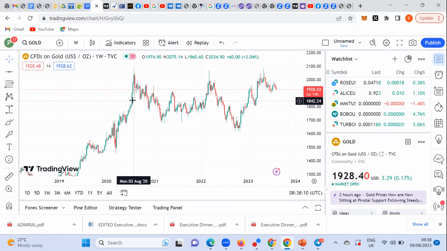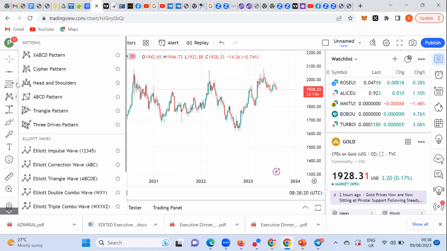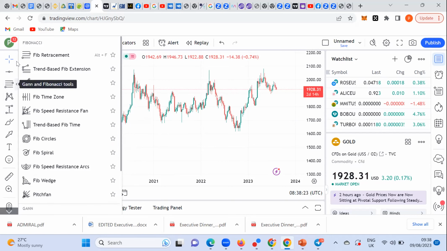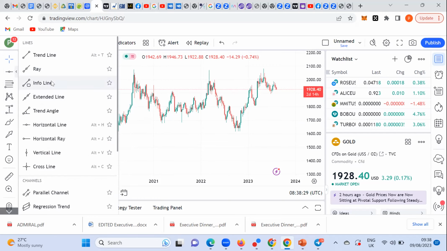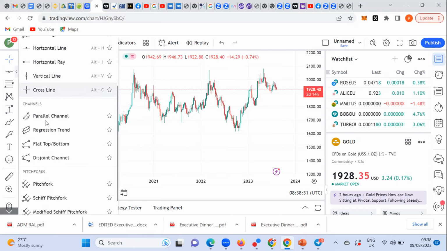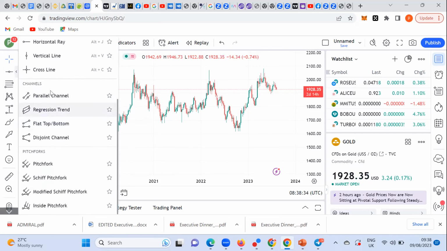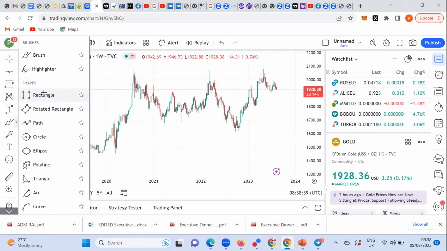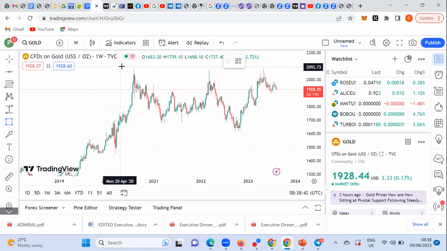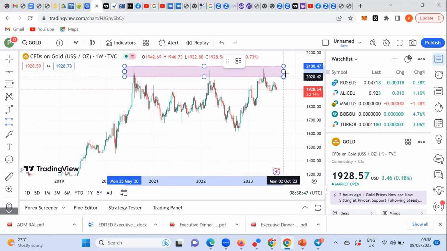The first thing you are going to see on this weekly is, let me take my rectangle, an area of interest on the weekly time frame.